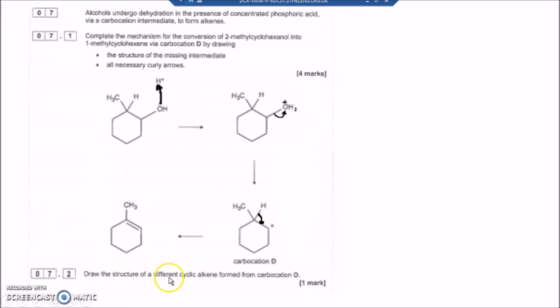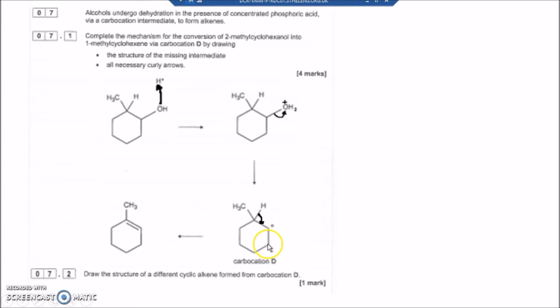Draw a structure of a different cyclic alkene formed from D. So formed from D, how could that work? Well, what could actually happen is, instead of this H breaking off here, why doesn't one of the H's here break off? There's no reason why that H should break off from this carbon. We've got another carbon to the other side of the carbocation, the plus charge, here.